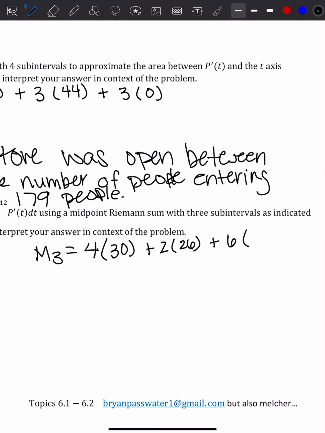And our y value at 9, which is that midpoint between 6 and 12, is 44. If I were to combine all of these things, we're going to get 436 specifically people. So in context, when the store was open, there were 436 people who entered the store.